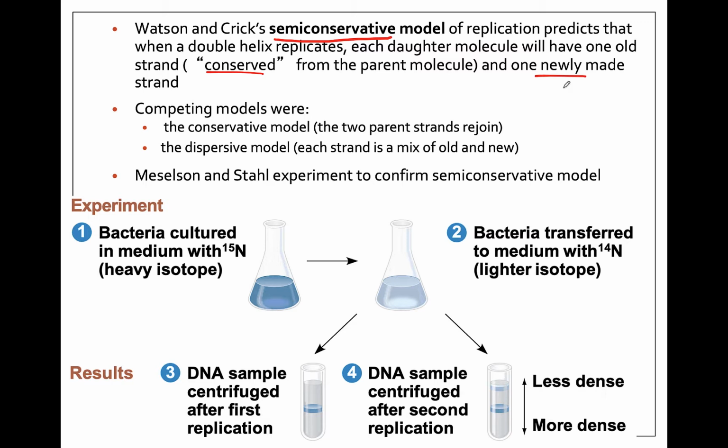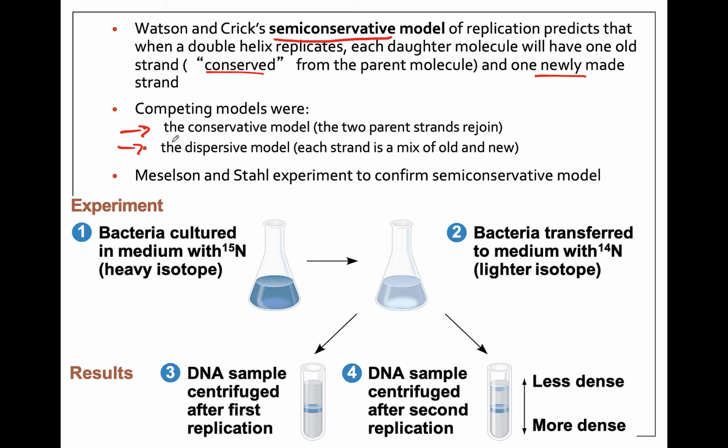At the time, there were several other theories or models of how DNA was being replicated. There was the conservative model saying that the two parent strands actually copied the new strands, and then the original parent strands rejoined back into the original parent, so that the conservative model would result in strands that were completely old and completely new with no mixing of them.